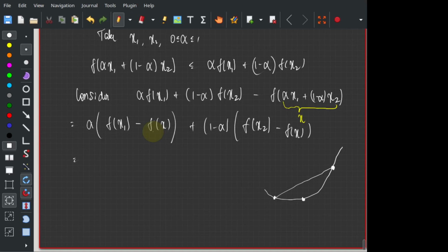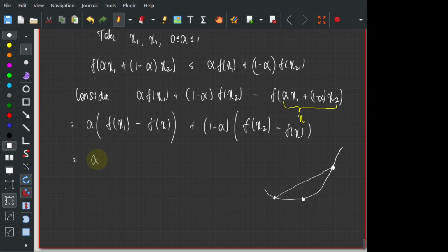There's no delta or anything. I want everything in terms of the points x1, x, x2, and x. Multiply and divide by? f of x. How does that help? First thing we can multiply by x1 minus x.